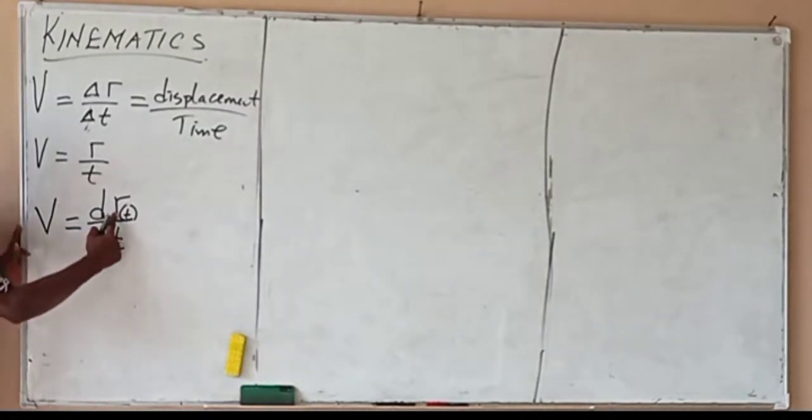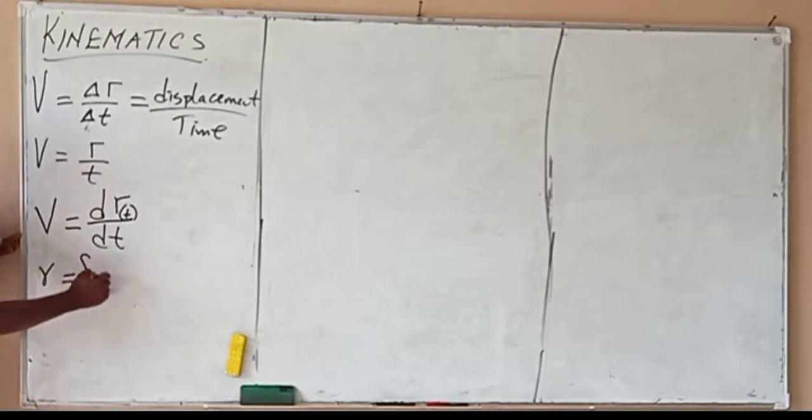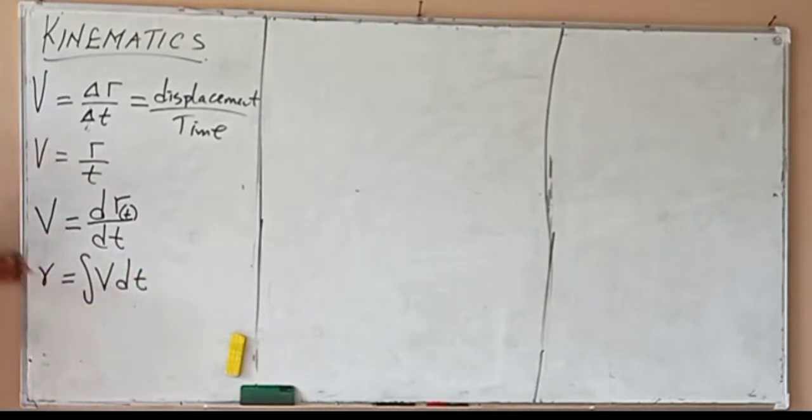Then when I ask you, what is s? When velocity is given as a function of time, then the displacement is equal to the integration calculus of velocity with respect to time. Think of this definition, very important. Velocity is equal to the derivative of s with respect to time, and s is displacement.